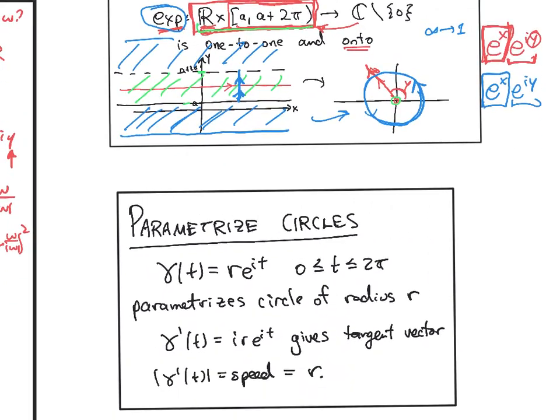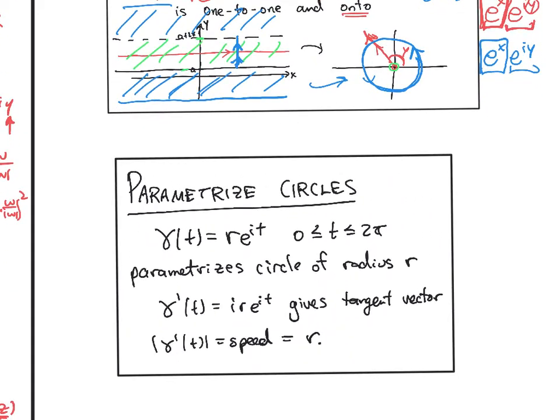So one thing I just mentioned is that we can use the exponential function that we built to parameterize the circle of radius r. So gamma of t equal to r e to the it, where t goes from 0 to 2 pi. This will give you a parameterization of the circle of radius r.